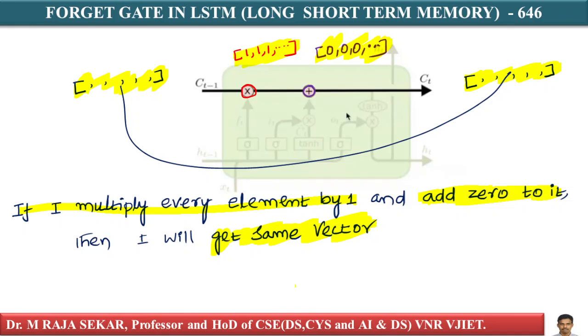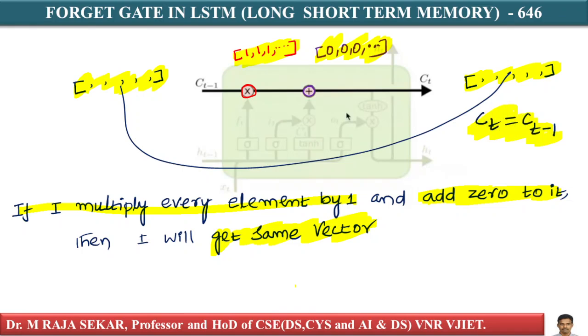I'm repeating: what is actually happening here is that whatever the cell state before, ct minus 1, I can send it out as is, if I want to. That is important.